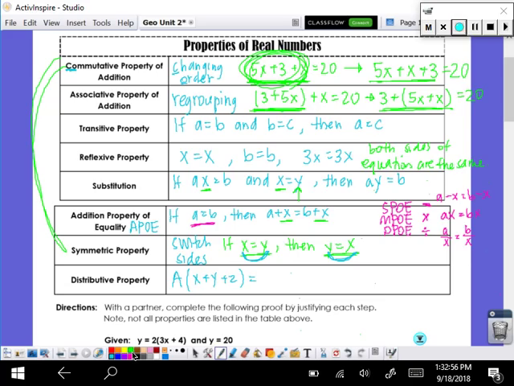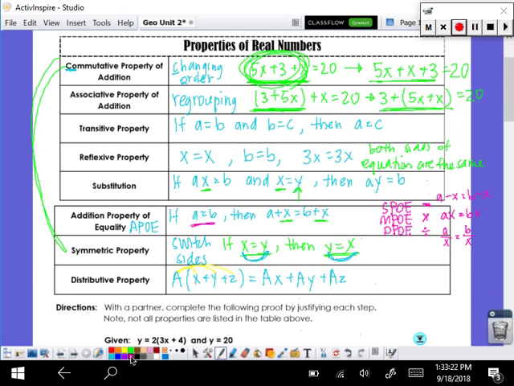With the distributive property, you're going to take that coefficient and multiply it with each term. So A times (x plus y plus z) ends up equaling ax plus ay plus az. And that is the distributive property.